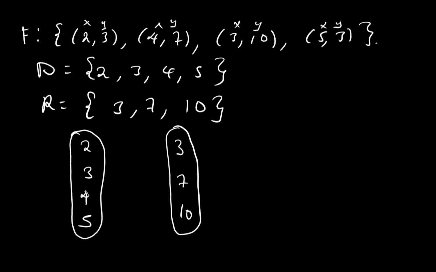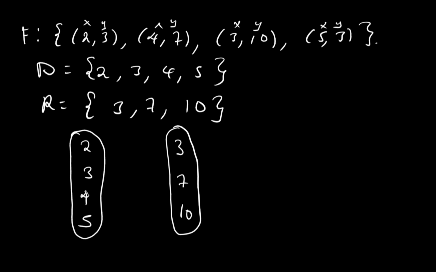We have more values in the domain than the range, because if you look at the range, we have 3, 7, 10, and 3. We have 3 coming in twice, so we don't really have to write 3, 3. We just have to represent 3 once to say that it's 3 that is present.